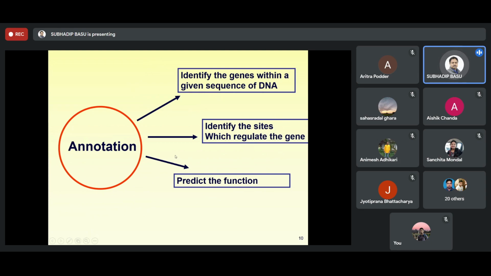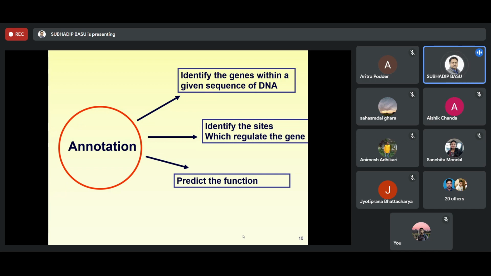Identify the sites which regulate the gene. This is a very interesting insight: even if you have a gene present in your chromosome, the gene may not be expressed. What do you mean by gene expression?